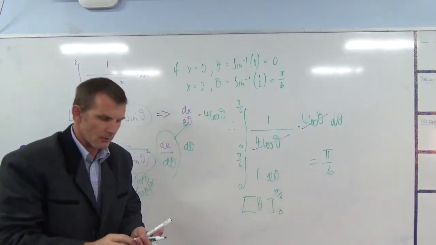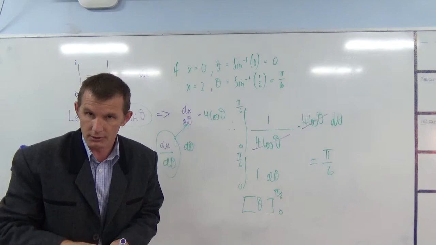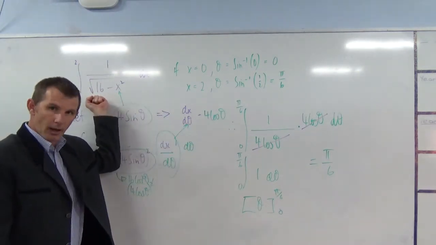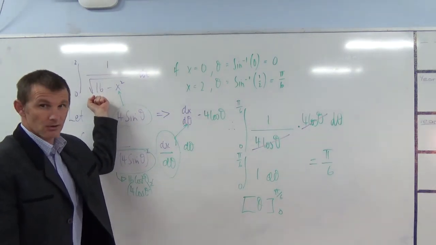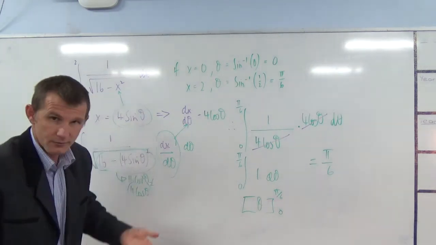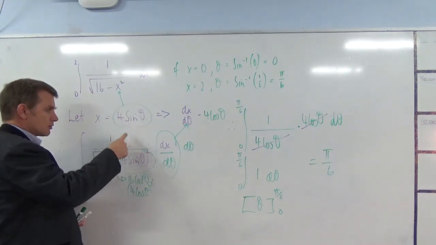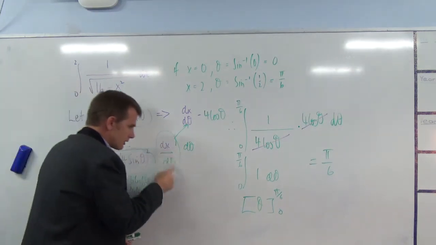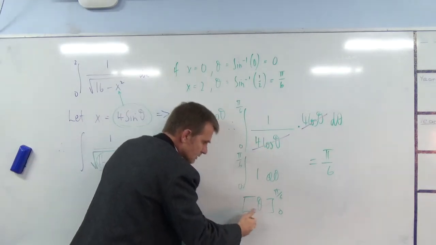So my tip here is make sure you can do integrations using a trig substitution. In an exam, you could play around with it for 10, 15 minutes, and you'll literally get 0 marks because you won't have spotted or done any of the skills. The skill is recognizing the substitution and using it. Changing your limits, doing the integration, getting an answer.